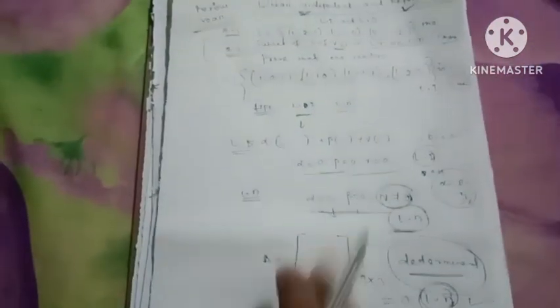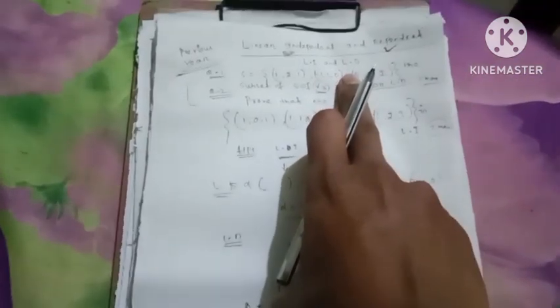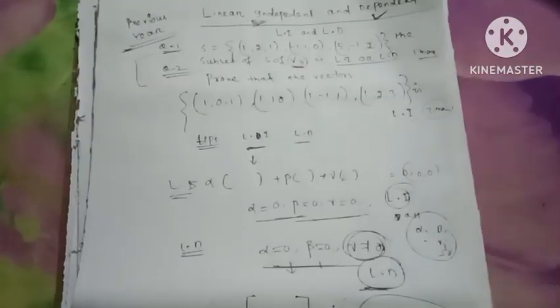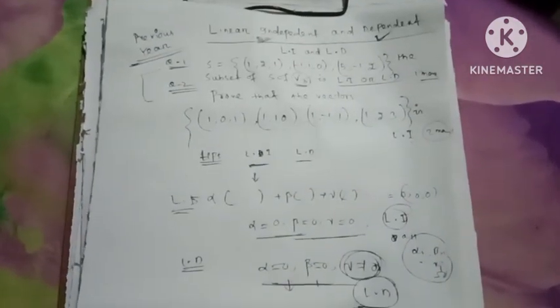So this is the given vector space V3, so it is a 3x3 matrix. The A matrix will be 1 2 1, -1 1 0, and 5 -1 2.